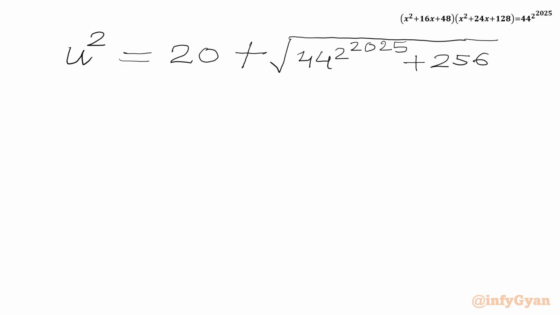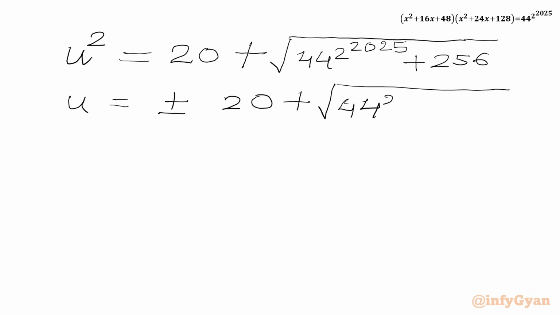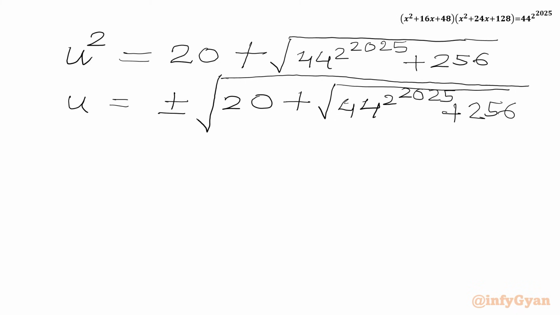We will take a square root both sides and we will get u value plus minus 20 plus square root of 44 raised to the power 2 raised to the power 2025 plus 256 with complete square root. This is our u.